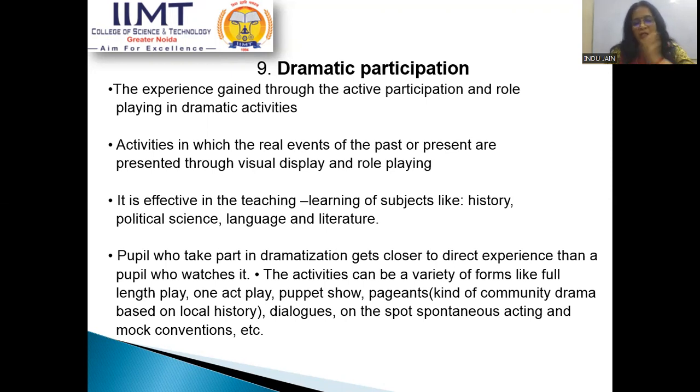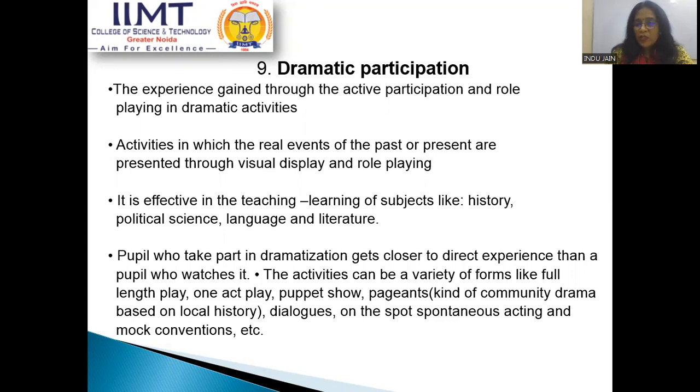These dramatic participation activities can be of different varieties like full-length play, one-act play, puppet show, pageants. What are pageants? A kind of community drama based on local history, dialogues, on-the-spot spontaneous acting, and mock conventions.